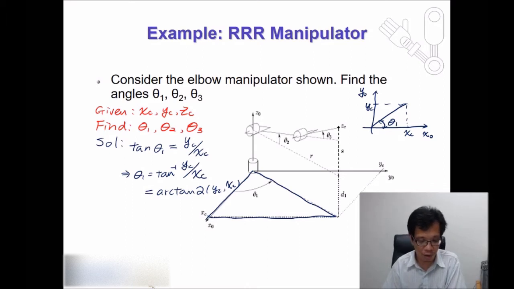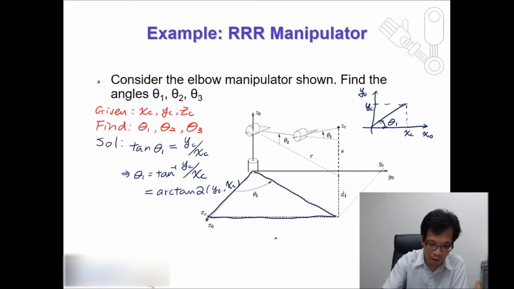When we are using this one, the positive and negative direction of xc and yc matters, because it might be located within the first quadrant or in the third quadrant. They have the same sign after calculation. So if we need to know which quadrant the position is located in, we need to put the positive and negative sign in front of xc and yc.